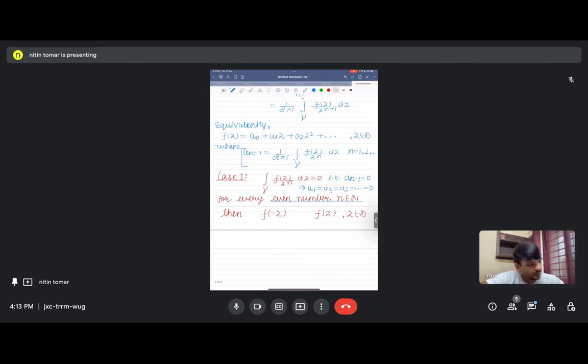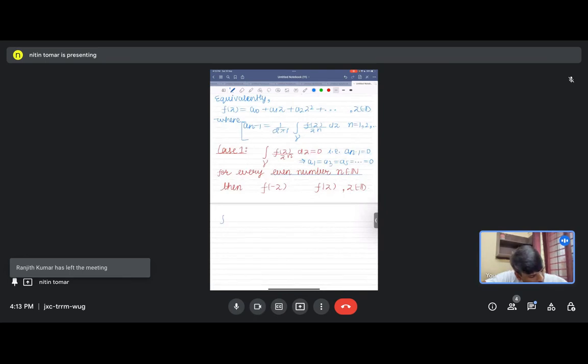So what form does f(z) take? f(z) takes a naught plus a2 z square, and so on, right? Or let me write one more term, a4 z^4 and so on. So this is a property of an even function.